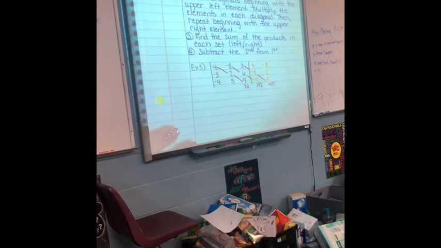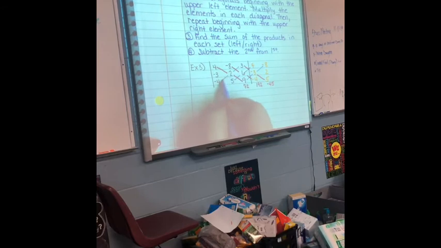Okay. The next piece, we're going to go the opposite direction, starting with the upper right-hand element. So I'm going to go this direction. There's 1, there's 2, there's 3. So I'm going to start with the -8, -3, and 9. And that's going to give me 216.